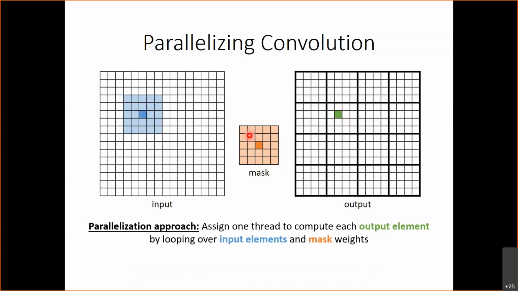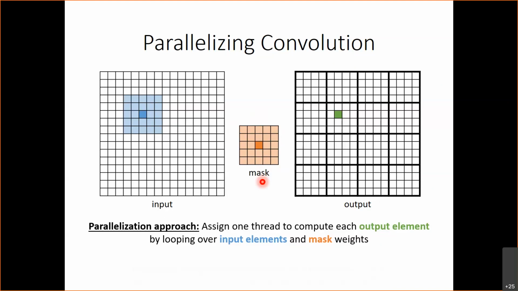So for example, over here I have a 5 by 5 mask. And the mask is the same for all the different threads. So all the threads are going to be accessing a different part of the input, but they're all going to be accessing the same mask. So what we can do in this case, because the mask is small, and because all the threads access the mask, and because another important thing is that the mask does not change throughout the execution of the kernel, what we can do is we can actually store the mask in a special place called constant memory.